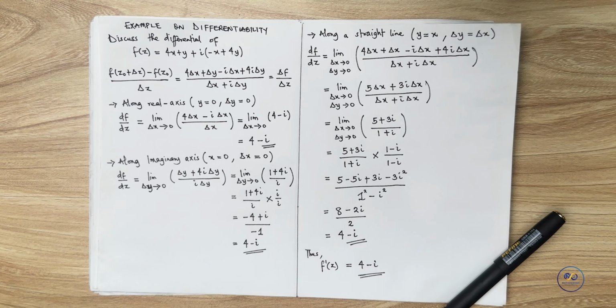So you can see, as far as this is concerned, when we explore the differential, the most important thing to always do is, first and foremost, find the limit value along all the possible axes that we can consider. Usually the real axis, the imaginary axis, and along the straight line.